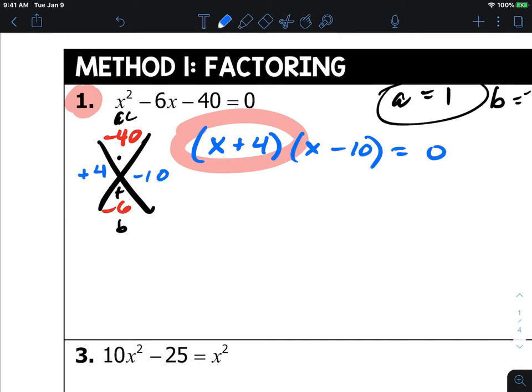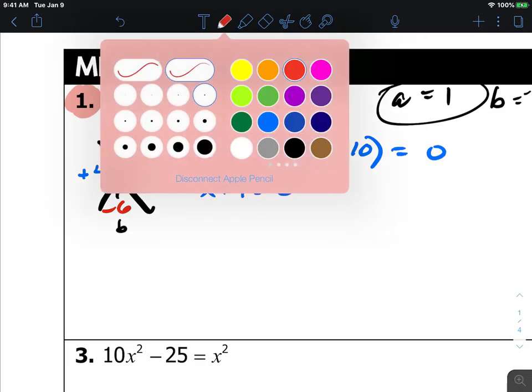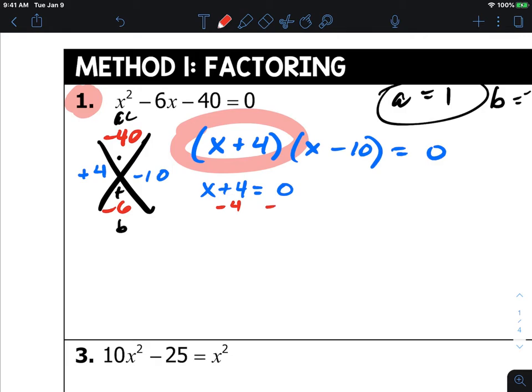You want to look at that first set of parentheses and set that equal to the 0. And so your x value, when you solve that, when you take away the 4, is going to be x is equal to -4. All right, and on the other set of parentheses for the other factor, x minus 10 is equal to 0.